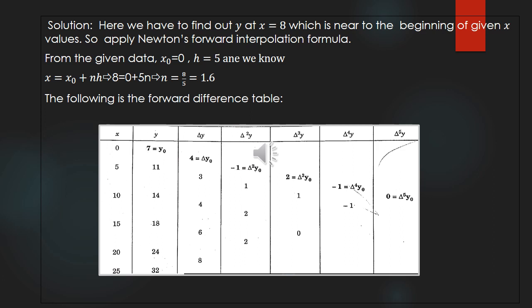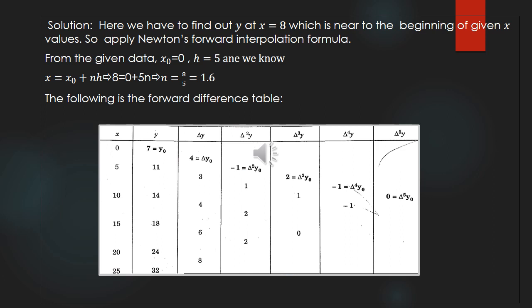The next column is del square y, which is the difference between 3 and 4, equal to minus 1, written between the 3 and 4. Then 4 minus 3 is 1. The next difference is 6 minus 4, which is 2. Then 8 minus 6 is 2.